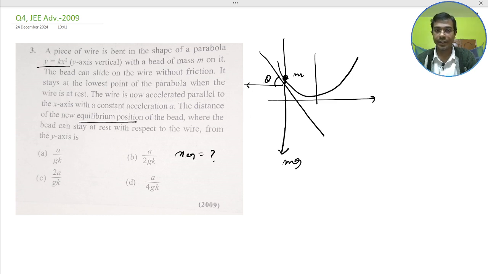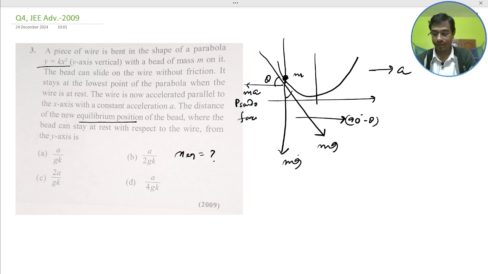Here this is ma, and this is the pseudo force, pseudo force ma, and this angle would be 90 minus theta. So this is the acceleration a, and this component is mg sin theta, and this component is ma cos theta.